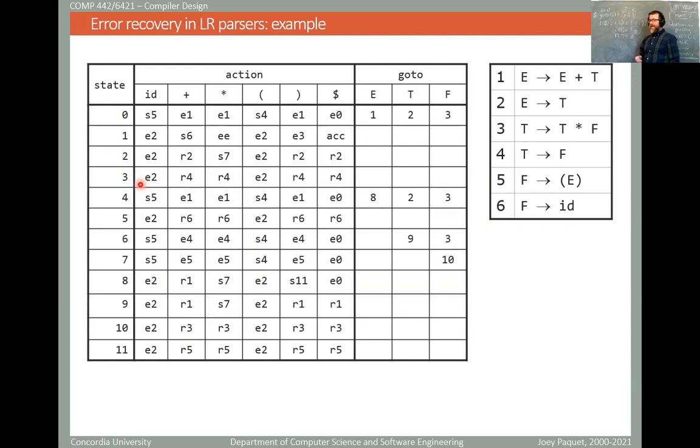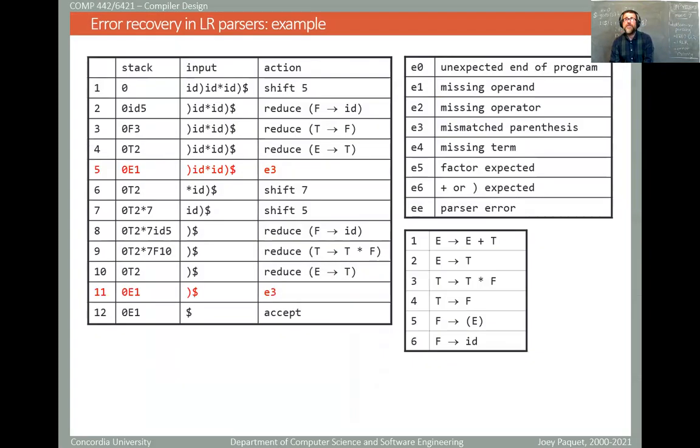Okay. So eventually what I'm going to want to do is synchronize using some kind of synchronization set here that I found. I want to simulate that I have applied a reduce action and that my next token is going to be one of these, after the simulated reduce action.